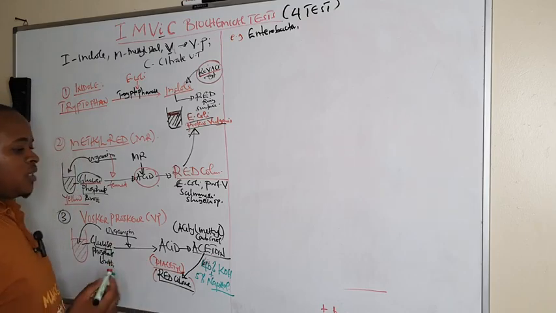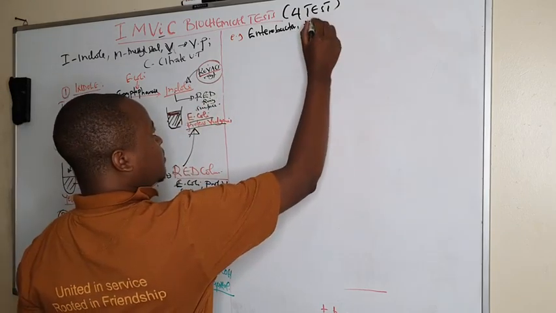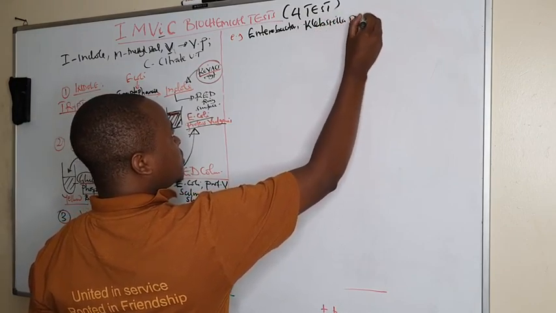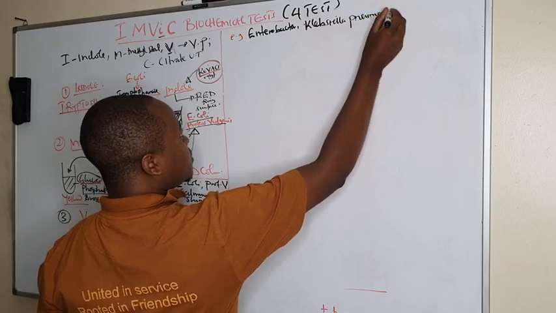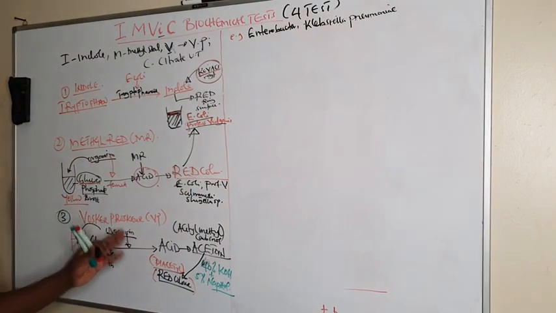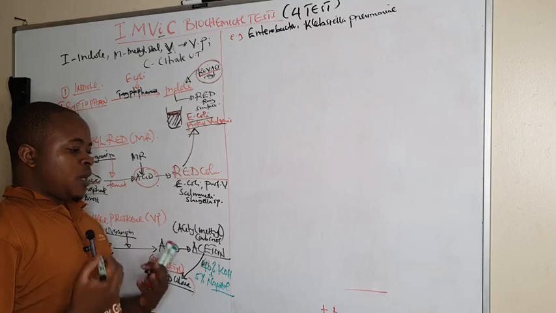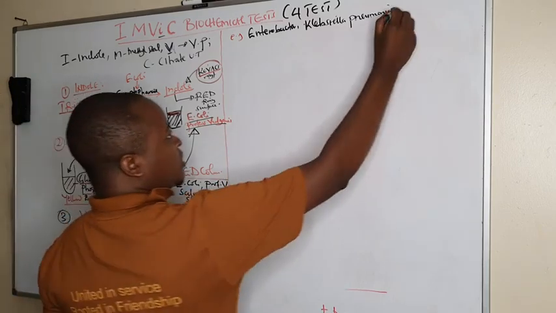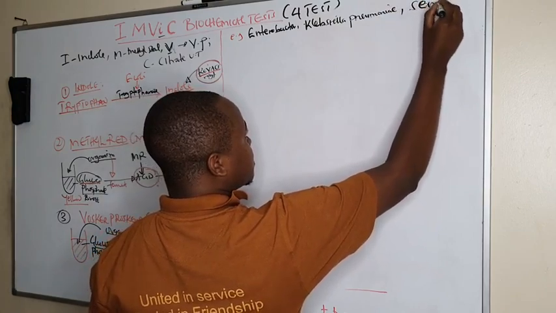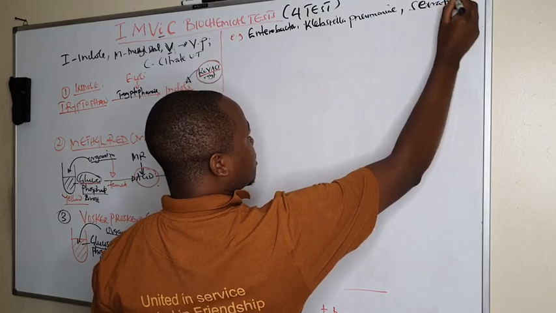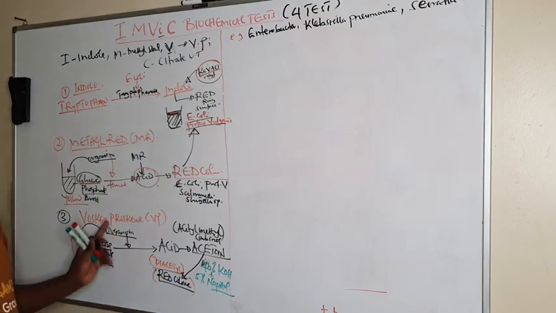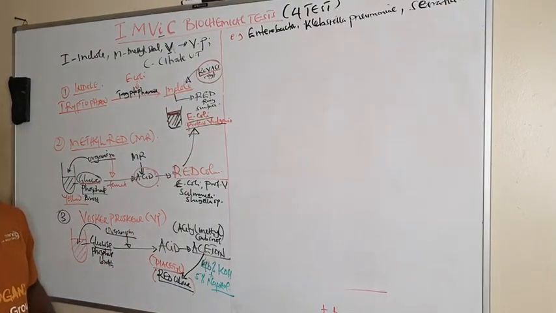We are going to see organisms like Klebsiella pneumoniae produce a positive result with Voges-Proskauer. And another organism which can produce is Serratia marcescens, also able to produce a positive result with the VP test.